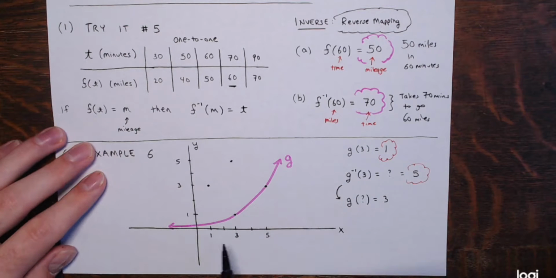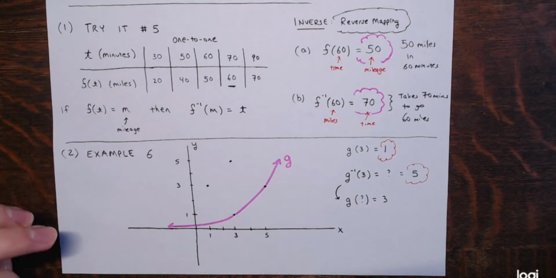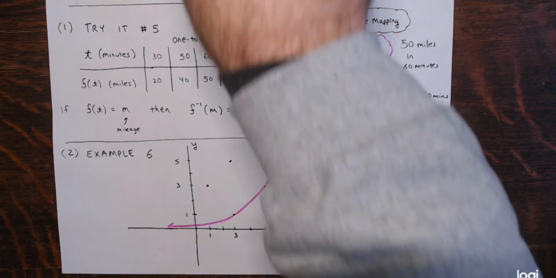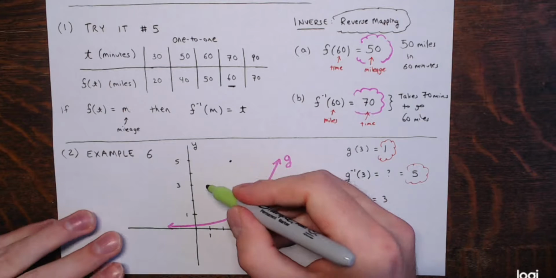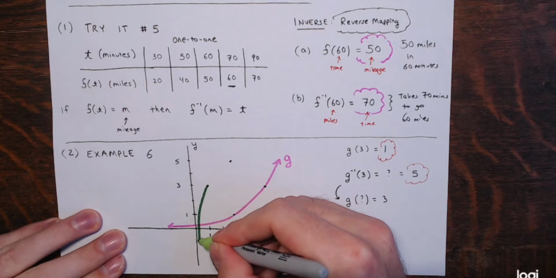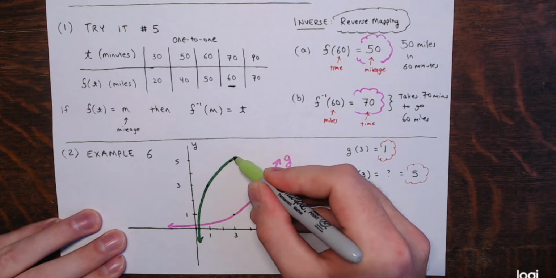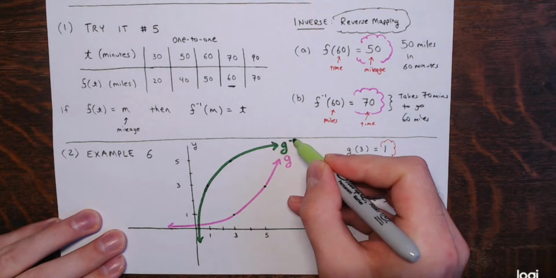And instead of having the x-axis as an asymptote, this graph will have the y-axis as an asymptote. And I'll show you, it should look something like this. And there's g inverse.